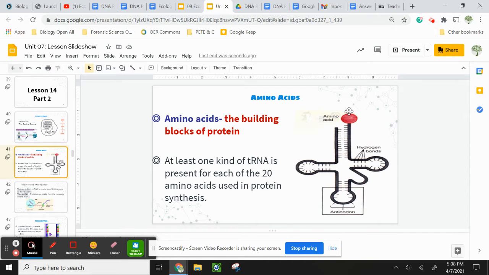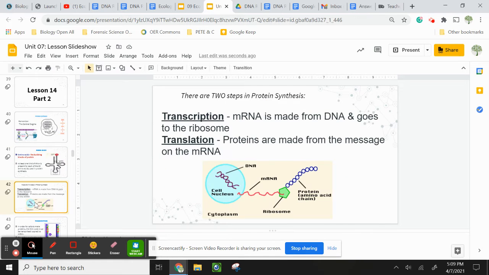So, in other words, one amino acid is one Lego piece, and a protein is that big Lego castle. There is one kind of transfer RNA present for each of the 20 amino acids used in protein synthesis. So, one type of tRNA present for each of the different amino acids used in making proteins.